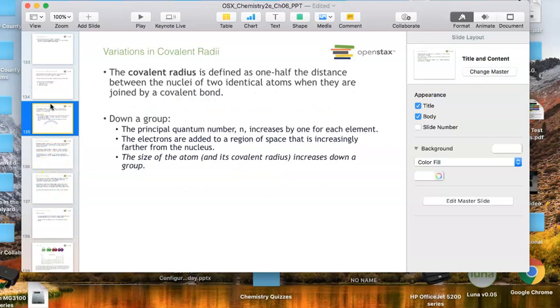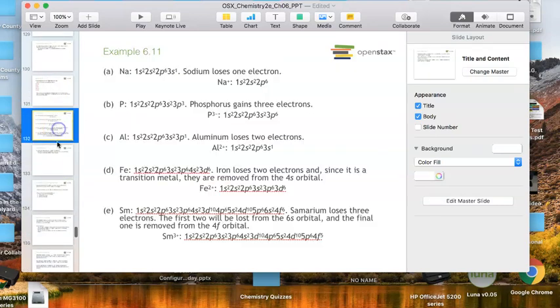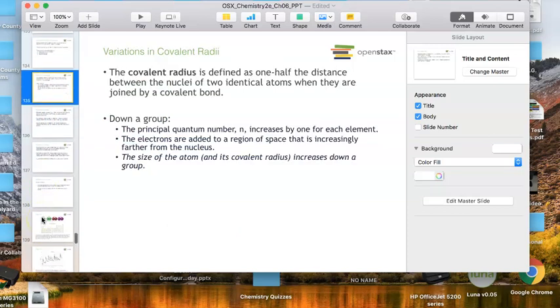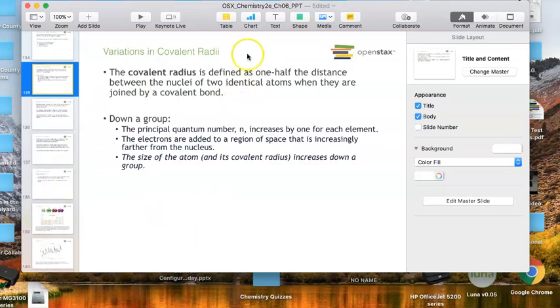All right, so these three things are the focus here of this section. So let's start with atomic radius. This is something you should memorize. What is the definition for covalent radii? The covalent radius is defined as 1/2 the distance between the nuclei of two identical atoms when they are joined by a covalent bond.